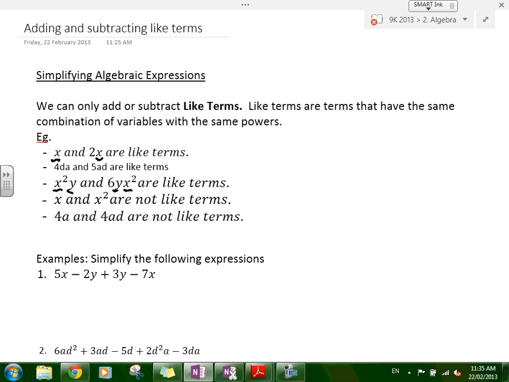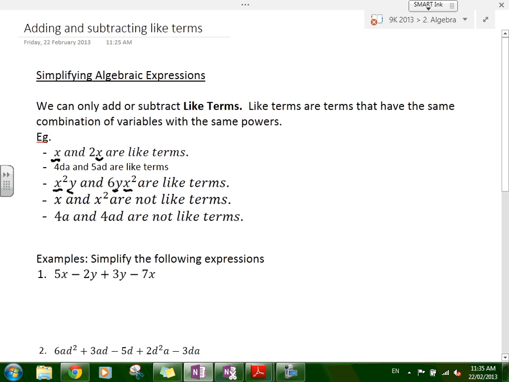But what about 4ADC and 5AD, maybe? No, they're not, because it has to be exactly the same. That's a good question. Even if some of the variables are the same, it has to be all the same. The combination has to be exactly the same to the same power. X and x squared are not like terms. It's important.